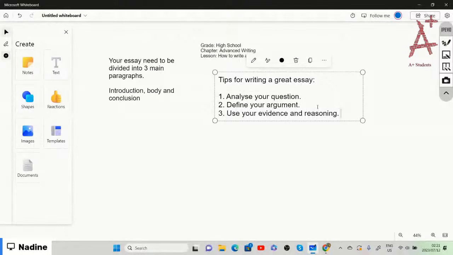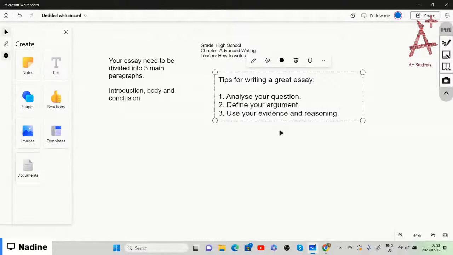Then you need to write down all the evidence according to whoever, and state where you got your evidence, or why your argument links with whatever someone has said. So evidence needs to be there. You have defined your arguments. Now you're using all your evidence as well as your reasoning to expand on your body, or to expand within your essay.